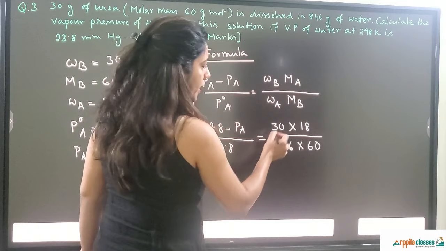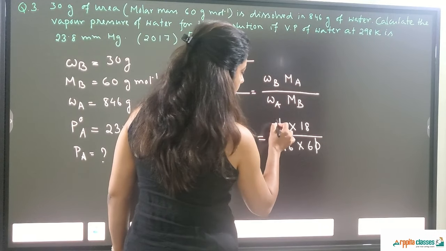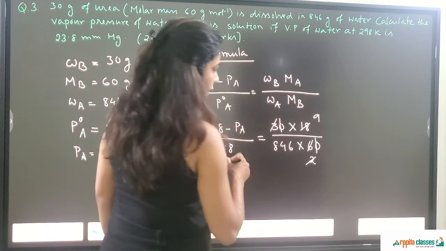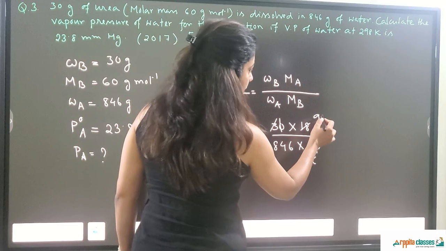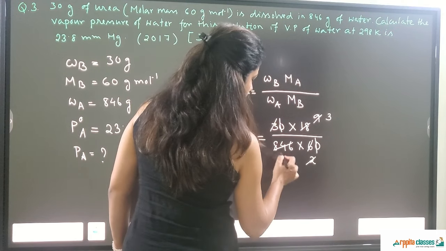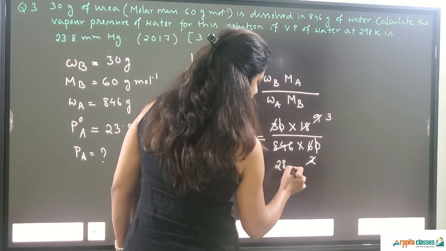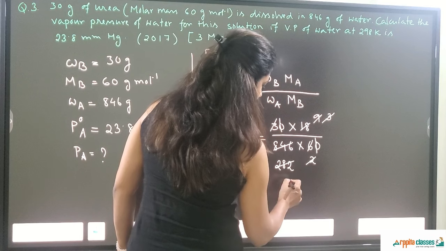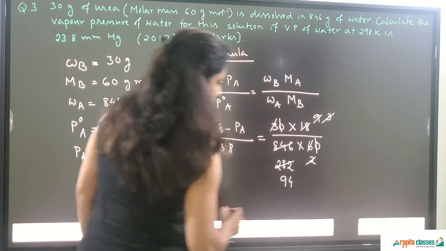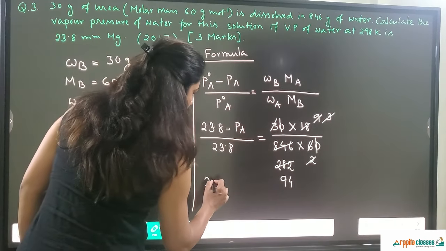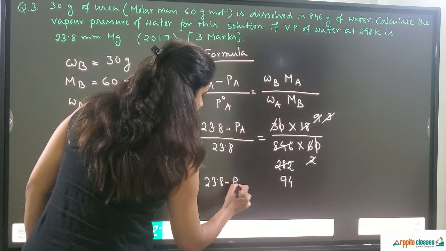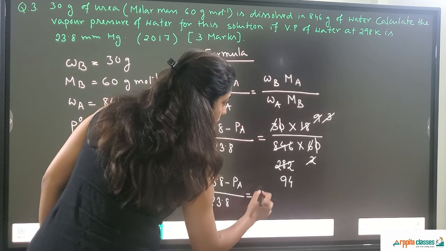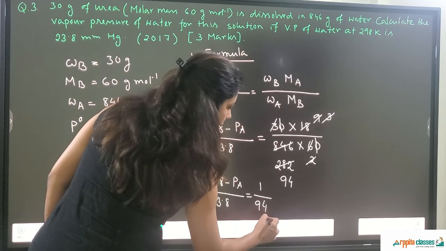So now you can calculate from here. The zeros cancel, and dividing by 3 repeatedly, it is coming to 94. So it is coming 23.8 minus PA upon 23.8 is equal to 1 upon 94.